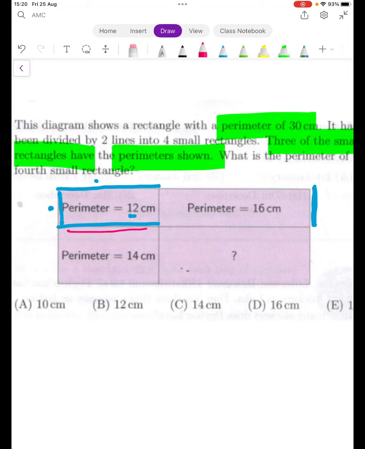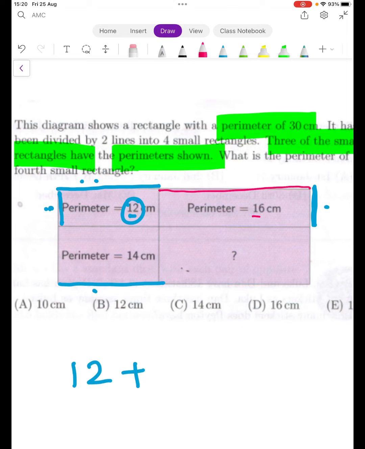Now again, if you look at this side here, this is the same as this here, so I'm going to erase this, which should still be 12. So did you see our perimeter of 12 is actually made up of this side, and this side, which we have translated onto the perimeter of the bigger rectangle, and this. So we got a 12.